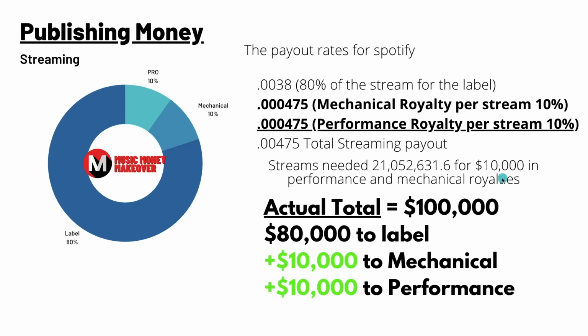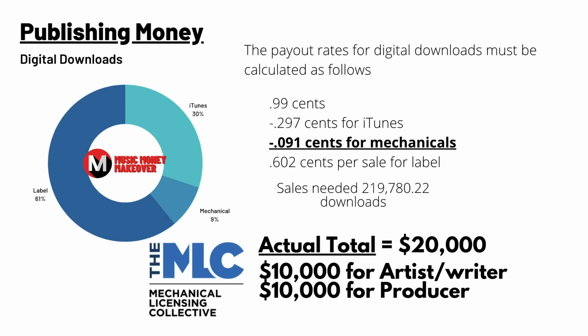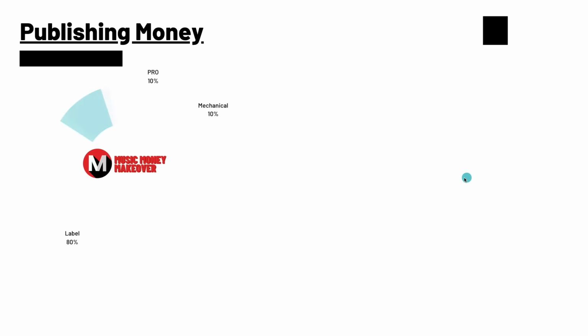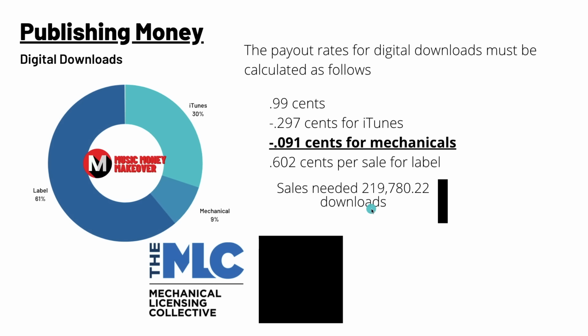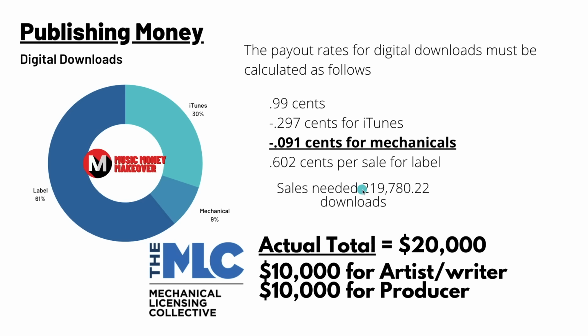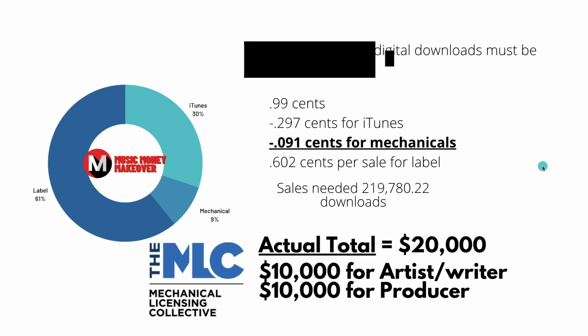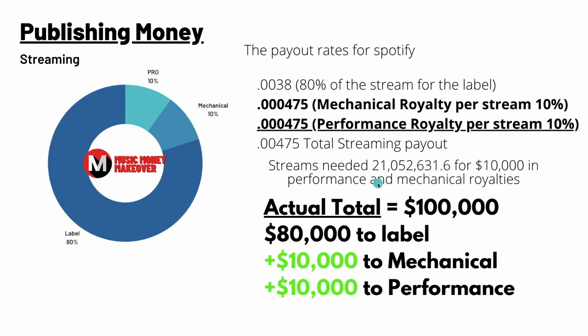Now, if you look at the math here, there's something that goes between the digital downloads and the streams. Look at this number: 219,780 sales, and 21,052,000 streams. See this 2 and the 1 right here? And then you see the 2 and the 1 right there? If you multiply this by 100, you'll get a little bit more than this: 21,978.